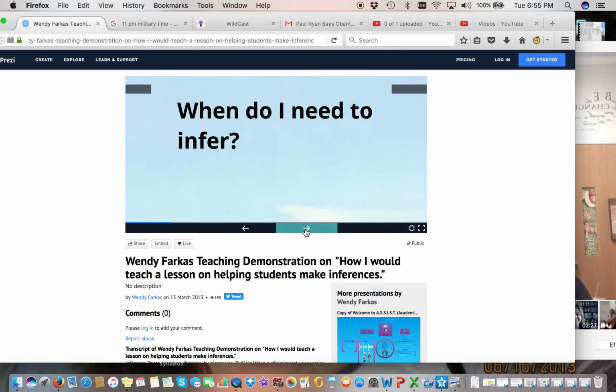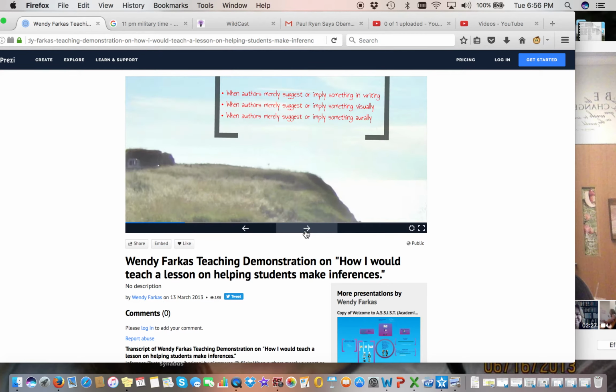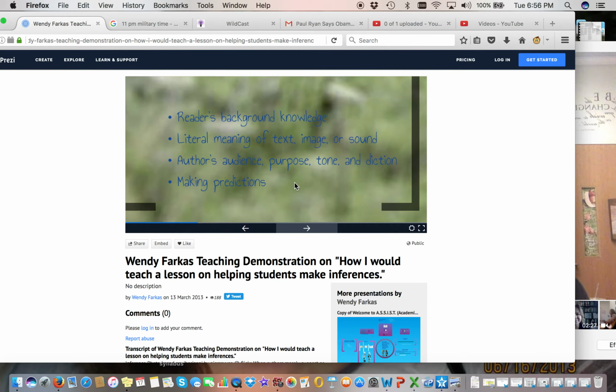So when do I need to infer? When authors merely suggest or imply something, either in writing, visually, or orally. I apologize for the background. That is not a good background for this. Our tools are to know our reader's background, like what we come to the reading with, which will help us infer.